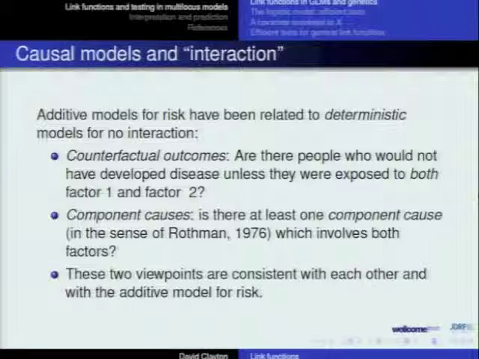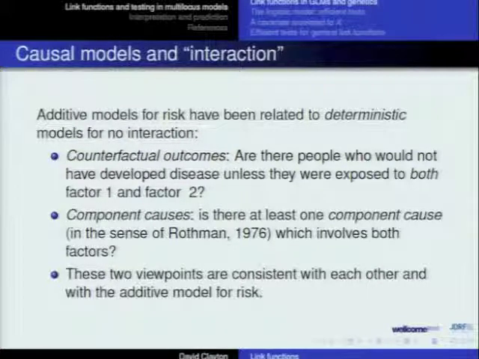It's worth saying that there is now quite a literature in the causal modelling area on precise meanings of these models, and I think in particular there's been quite a lot of advance in reconciling this idea of the underlying sufficient cause framework with sort of deterministic ideas of precisely what you mean by independent causes and so on.